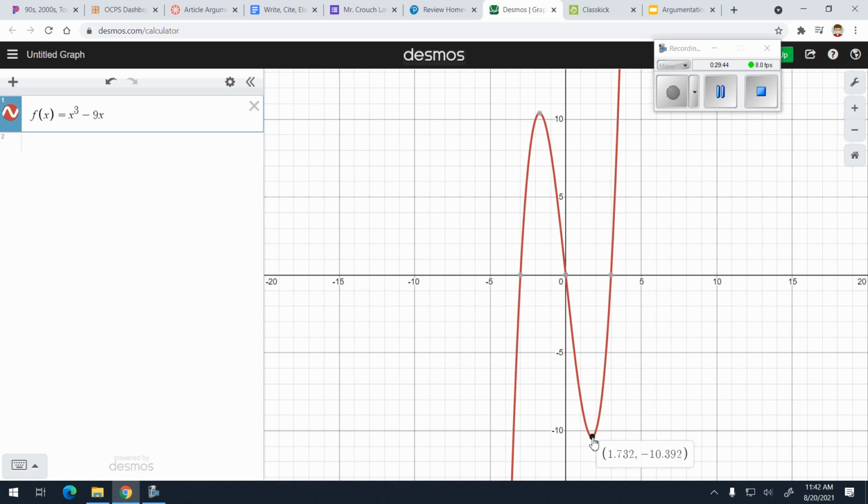It's 1.7, negative 10.4. You have another one up here, same thing. Negative 1.7, positive 10.4. So this is what it looks like.